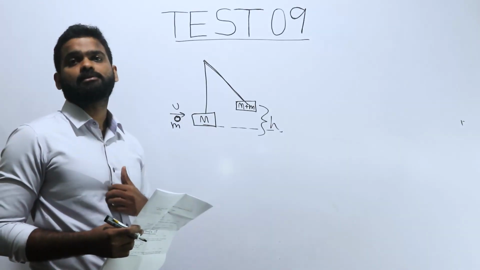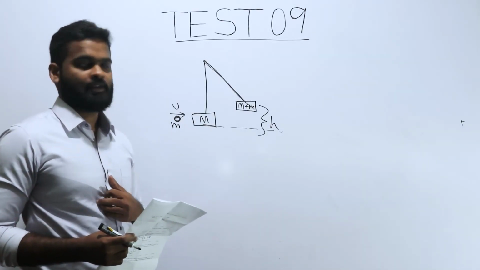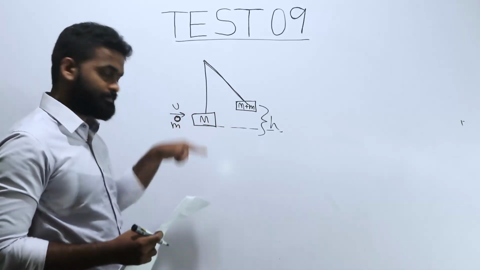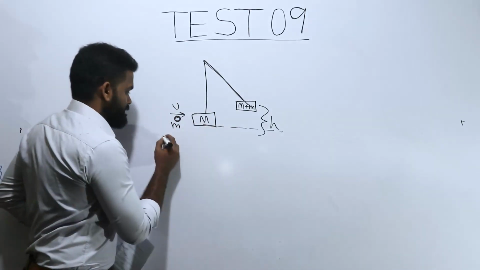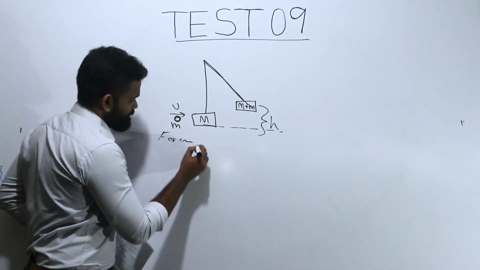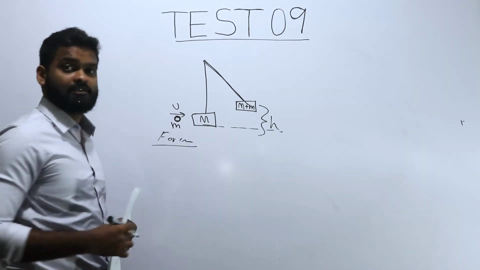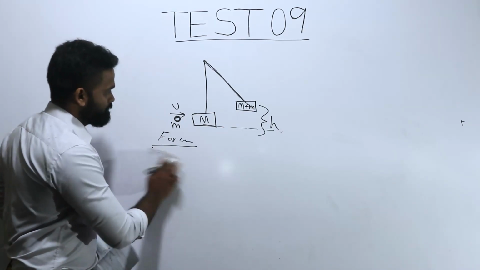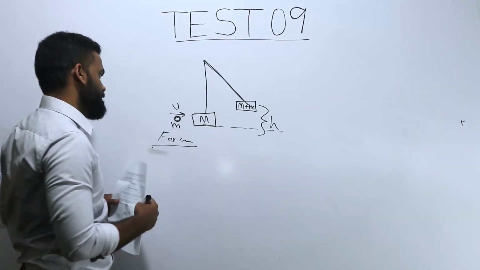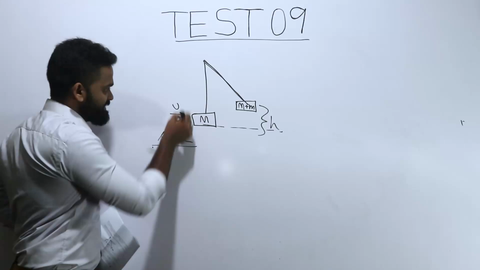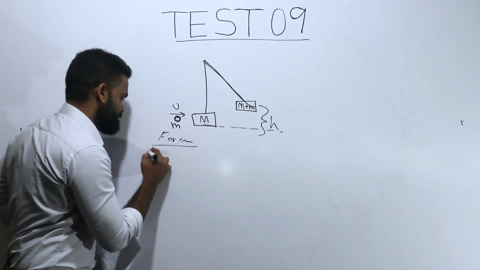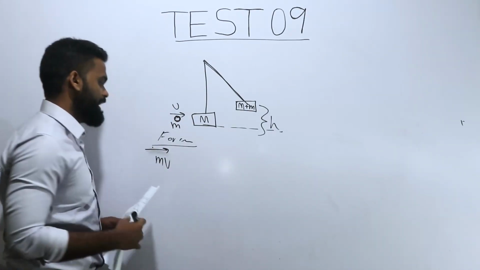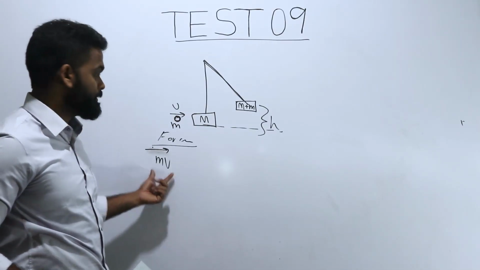Momentum is conserved no matter what, for a system considered. So for the collision, I'll apply momentum conservation. Before collision, only this part is moving, so only this has momentum. That should be mv, the momentum before collision.